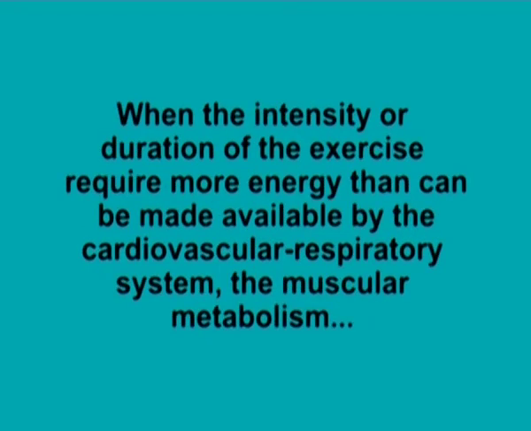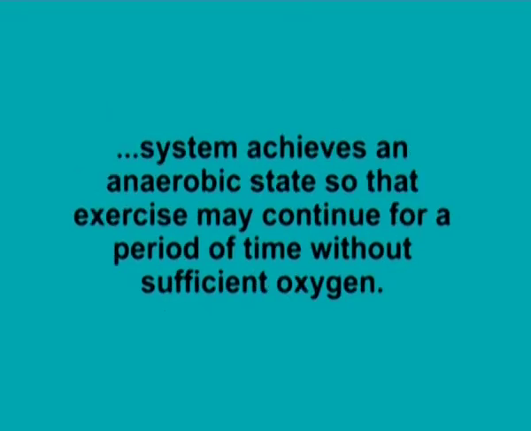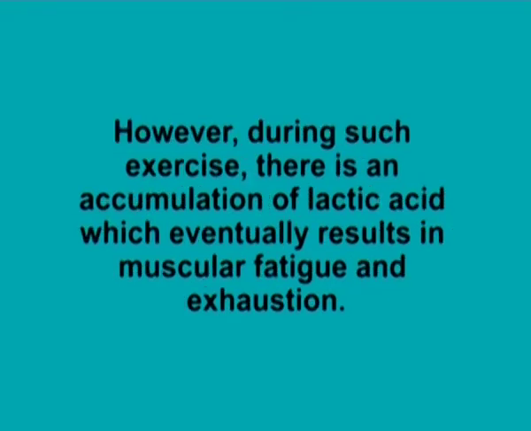When the intensity or duration of the exercise requires more energy than can be made available by the cardiovascular respiratory system, the muscular metabolism system achieves an anaerobic state so that exercise may continue for a period of time without sufficient oxygen. However, during such exercise, there is an accumulation of lactic acid which eventually results in muscular fatigue and exhaustion.